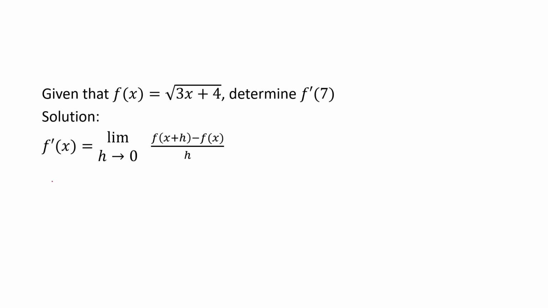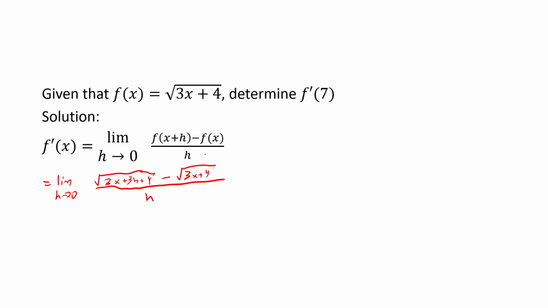So our formula for the derivative is shown, and we can say the limit as h goes to 0 of the square root of 3x plus 3h plus 4 minus the square root of 3x plus 4, all over h.